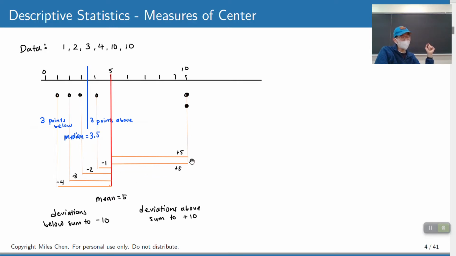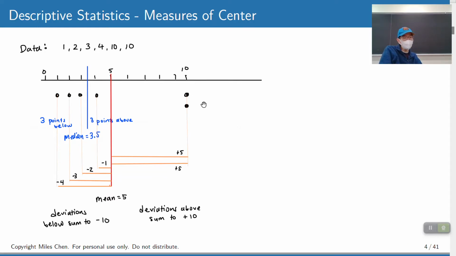The sum of the deviations above is 10, and the sum of the deviations on the left is minus 10, so they balance each other out. You could imagine that if you had a very extreme, very high value, you would have a very high deviation, and to balance it out, the mean is going to get pulled in the direction of the skew.